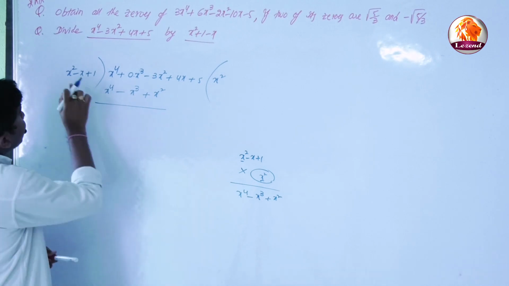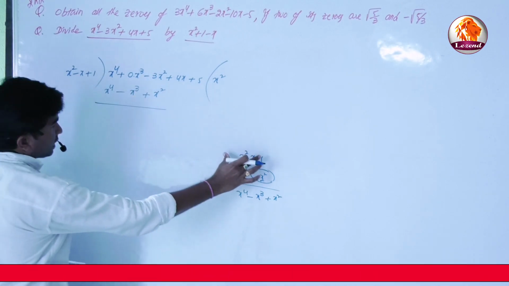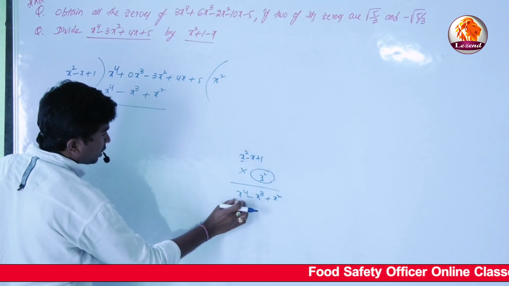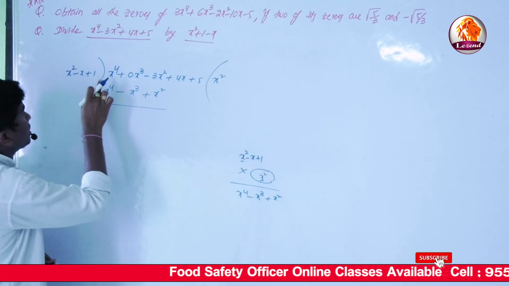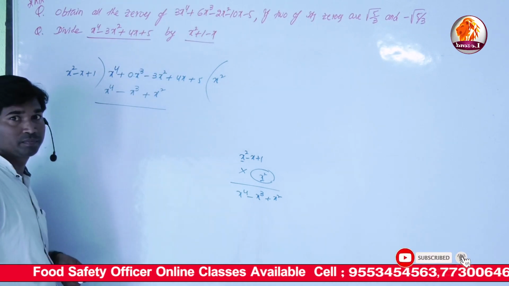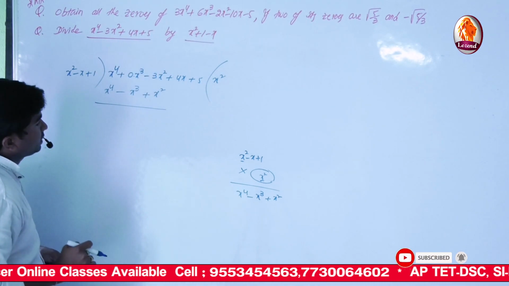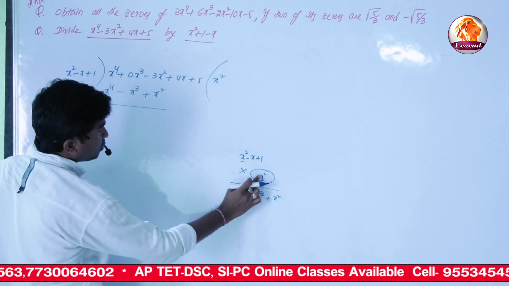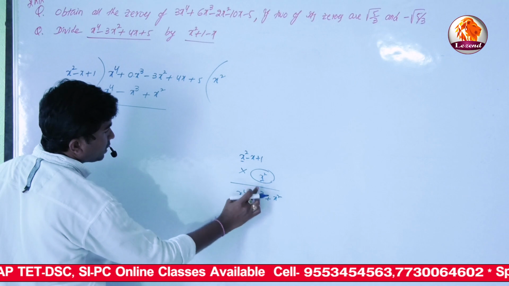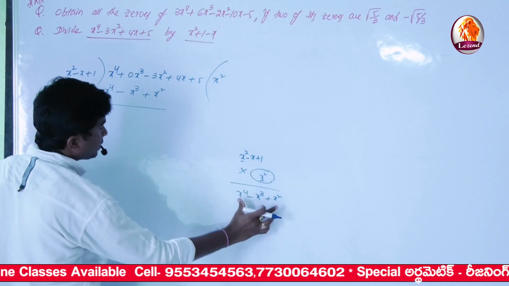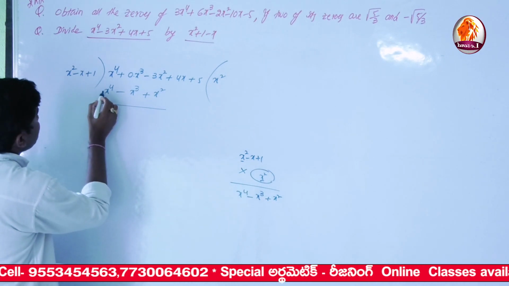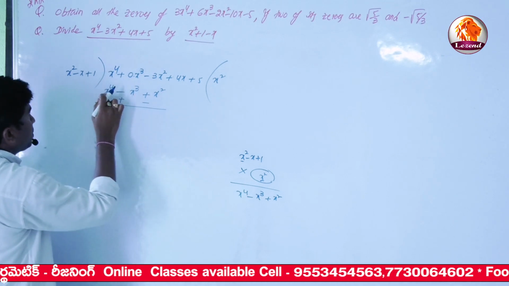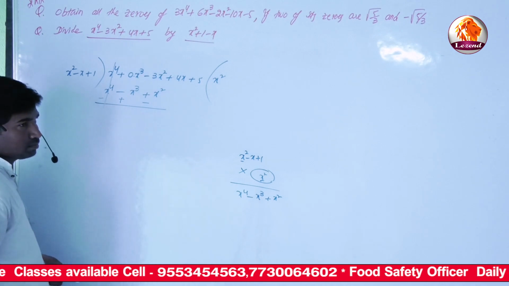Once again, x square minus x plus 1 as it is. What should be multiplied to x square? We get x power 4, because we need to remove the first term of the given polynomial. So x power 4 is our target. x square into x square is x power 4, x square into the remaining terms gives minus x cube and x square. Write down the result term and change the sign: plus becomes minus, minus becomes plus. So x power 4 minus x power 4 gets cancelled.